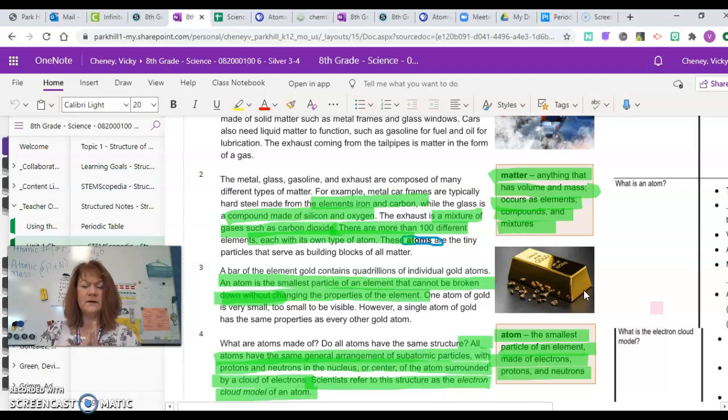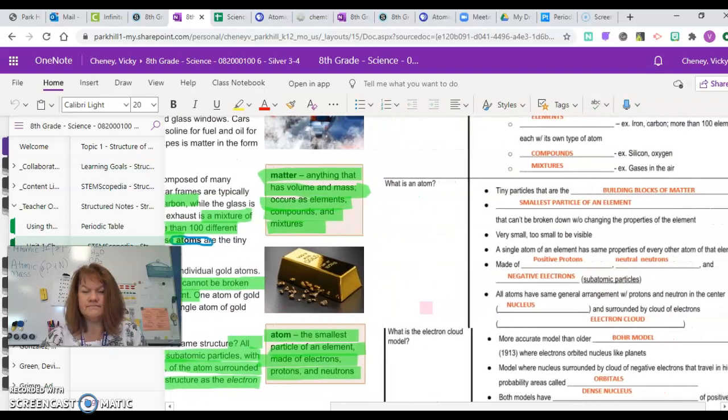And so every single atom of gold is going to be the same. Every single atom of hydrogen is going to be the same. Every single atom of carbon is going to be the same. So we know an atom is the smallest particle of an element that cannot be broken down without changing the properties of that element.